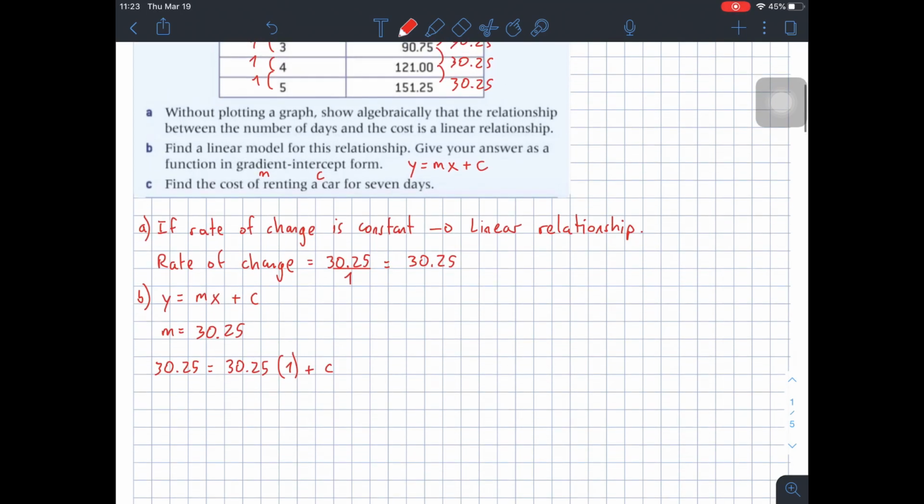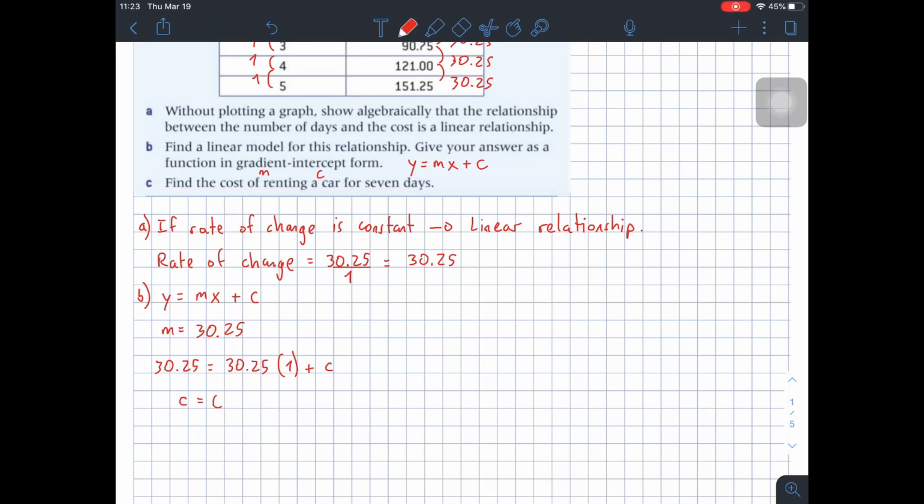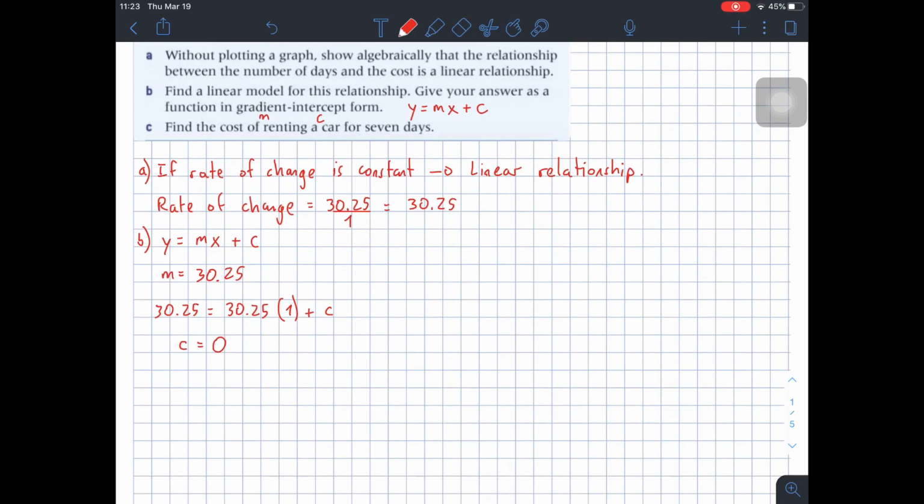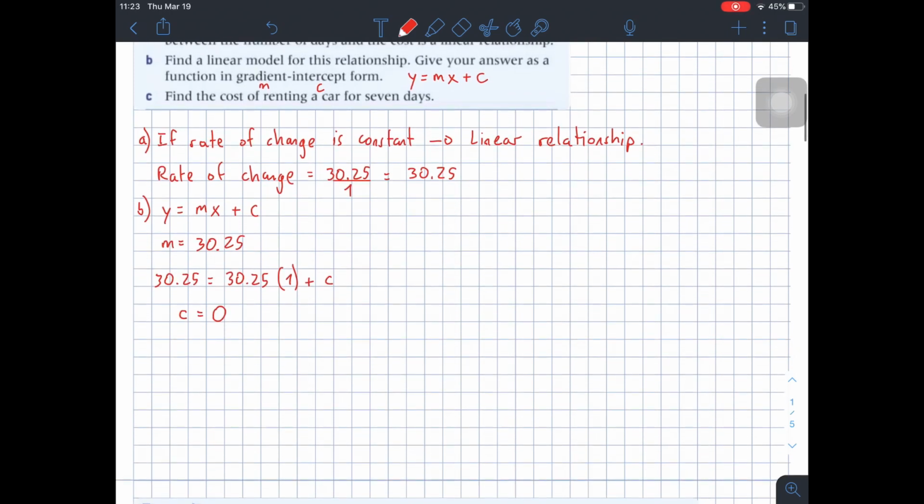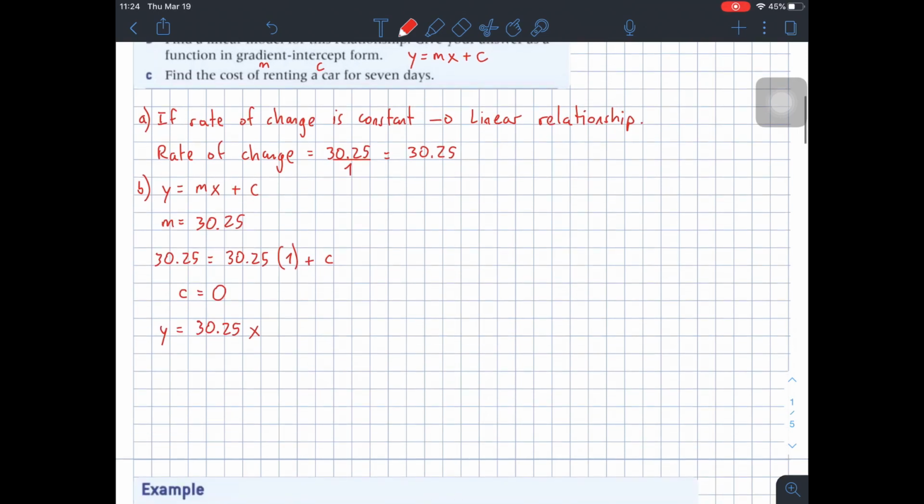Then we calculate the value of c, and c equals 0, because 30.25 cancels out. So the equation of our line is 30.25x. We don't need to write the plus 0, so this is the answer.